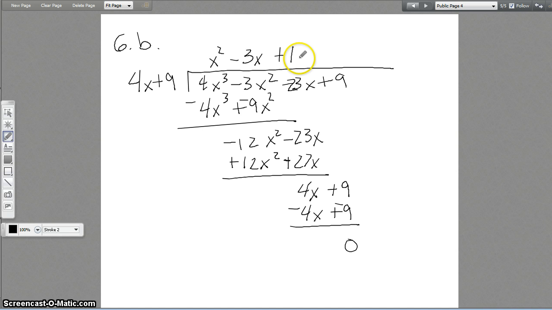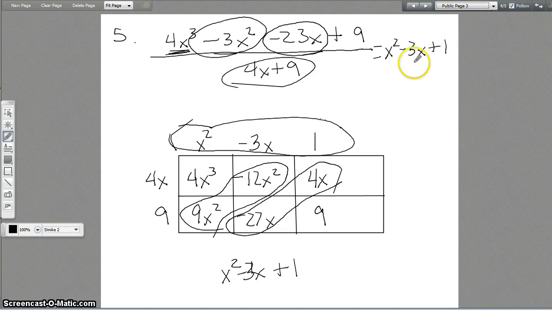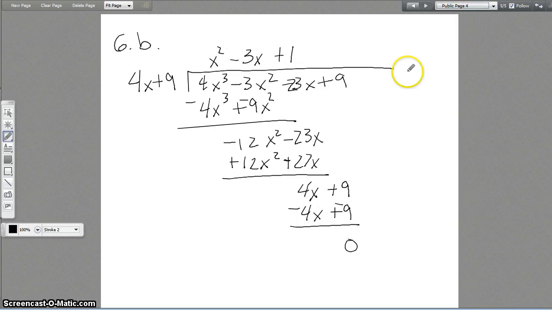Now remember, we already worked this out as part of number 5 using the box method. So we can go back to that page, and we can see that the answer we got was x squared minus 3x plus 1. And of course, we have x squared minus 3x plus 1. We should get the same answer.